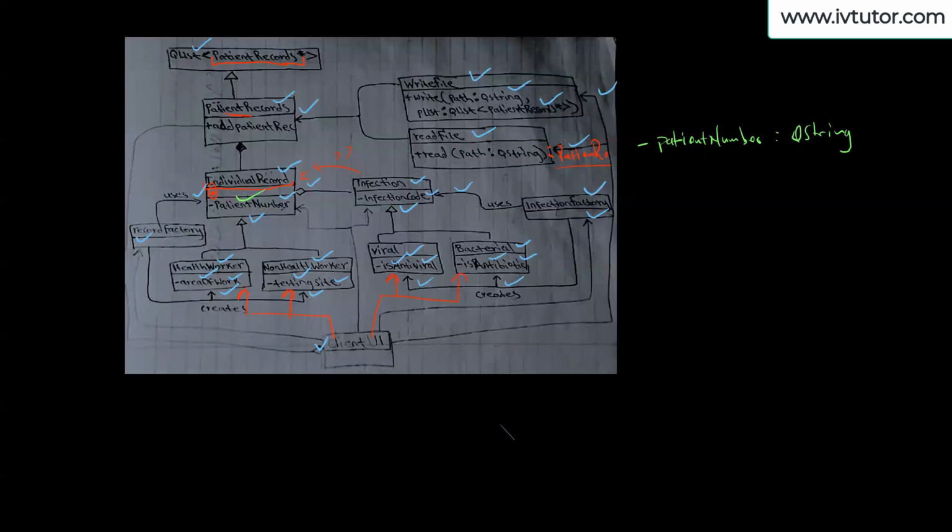So those would be some of the things that they want you to express and realize that you do understand: that your client, by using factory, only knows about the factory, but not the concrete implementations of these types of classes. So there isn't much to worry about in terms of your client. What I would say is, if you're going to do a client, always put aggregation or composition rather.